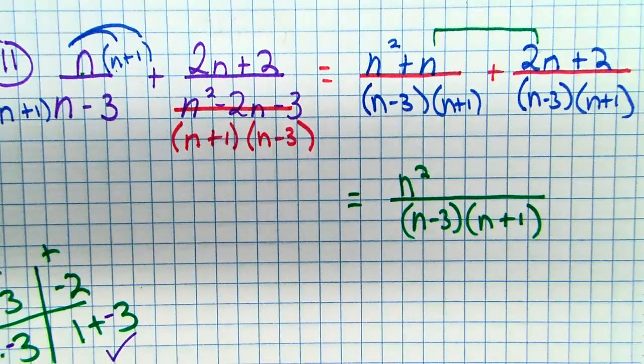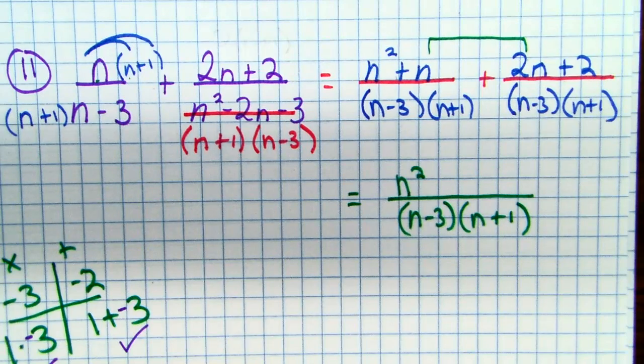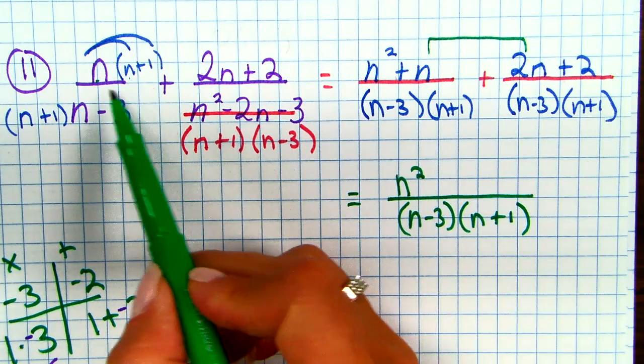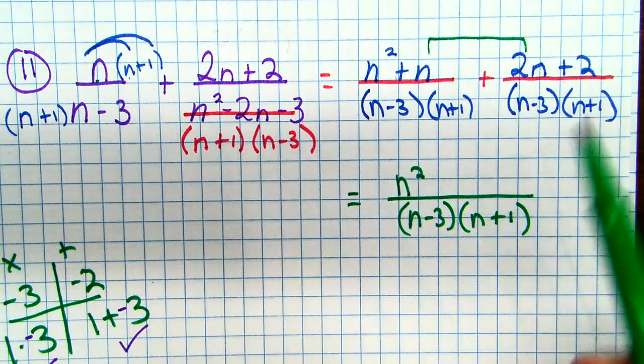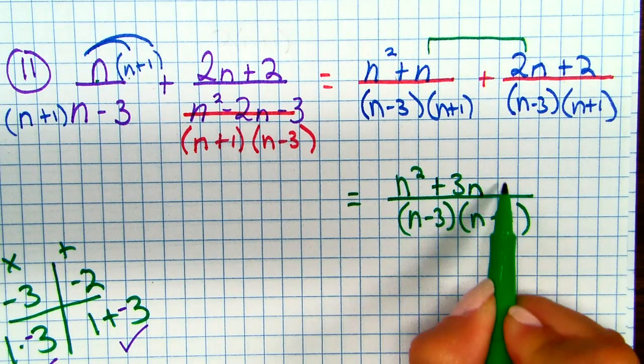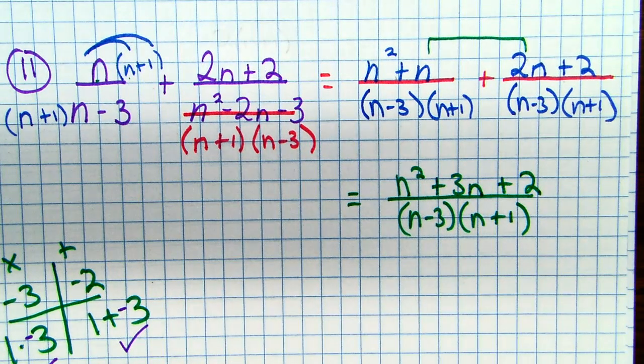You see it, Sarah? Okay. It's distributive property. It's a monomial times a binomial. Okay, so then we have n squared plus 3n plus 2.